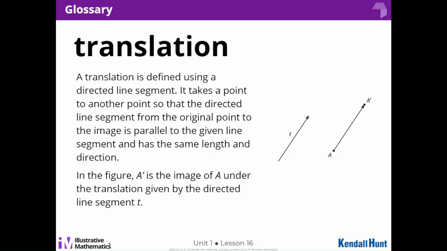So here we have line segment T. We can have point A down at the bottom, translate it up and to the right in the same direction as line segment T to create A prime. Now we've shown that we have done a translation from A to A prime.